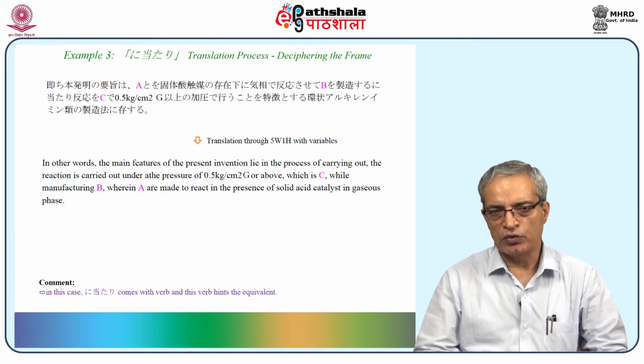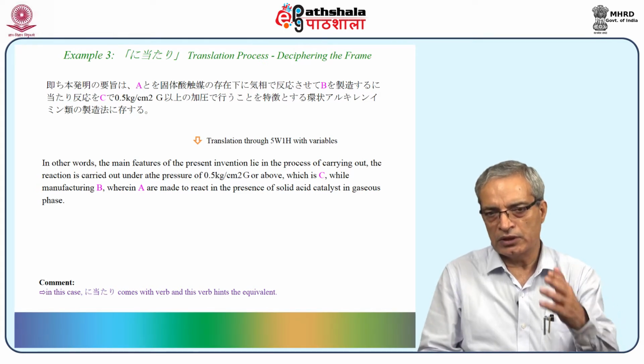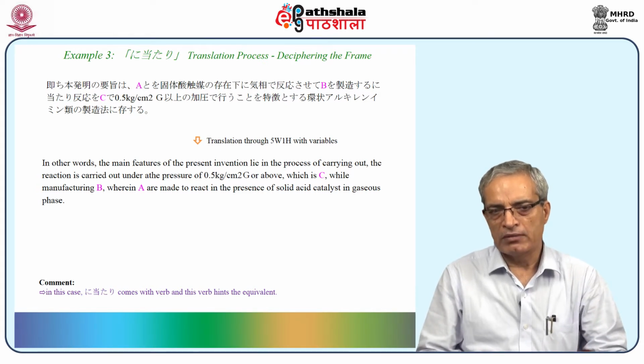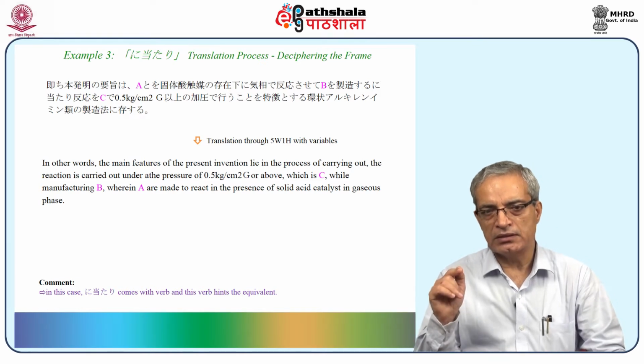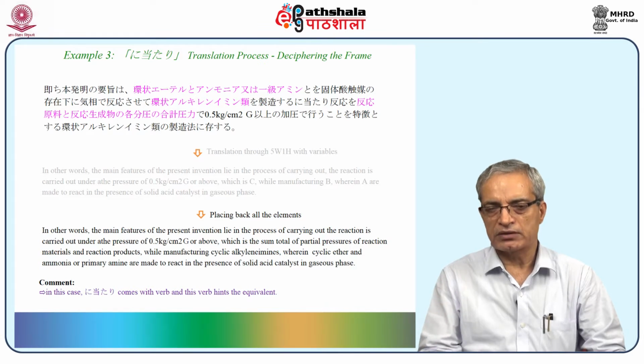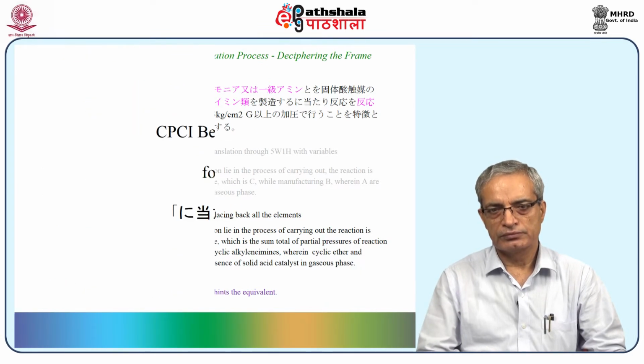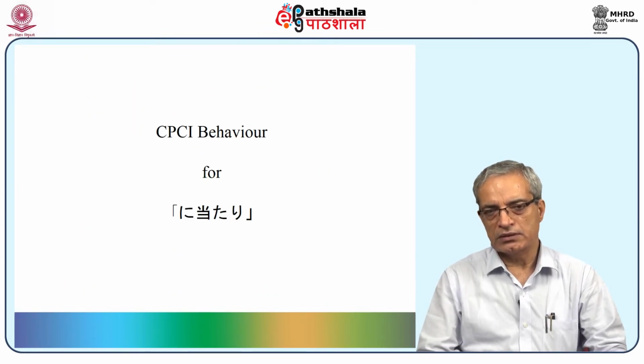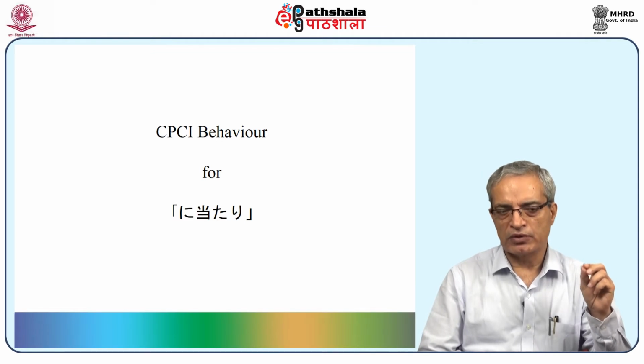Not making a very good flow, but to do that, let's put back all the dropped elements, and now it makes some sense. In this case, ni atari comes with a verb, and the verb hints the equivalent. Now let's see the CPCI behavior for ni atari.